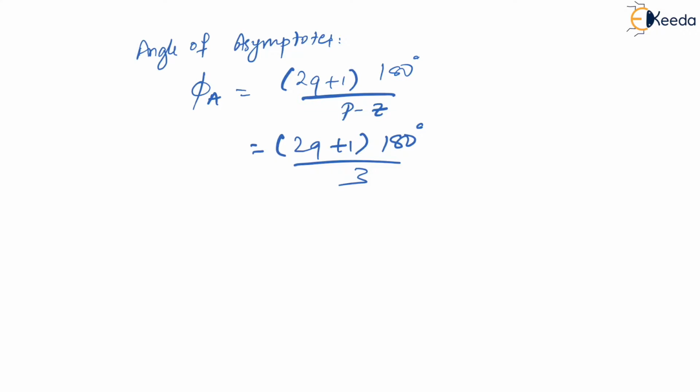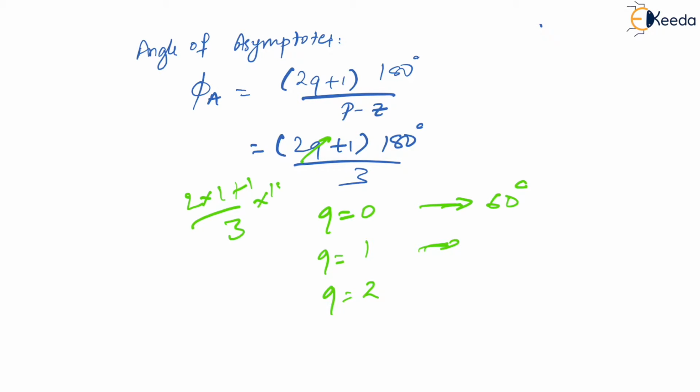Now, what will we do now? I will put first q equal to 0, then q equal to 1, and then q equal to 2. If I put q equal to 0, I get 180 degrees by 3, which is equal to 60 degrees. If I put q equal to 1, I get (2 into 1 plus 1) upon 3 into 180 degrees, which is 3 by 3 into 180 degrees, the same as 180 degrees.